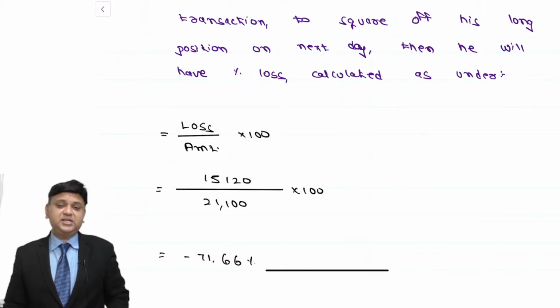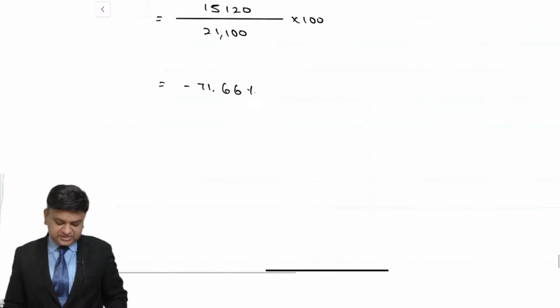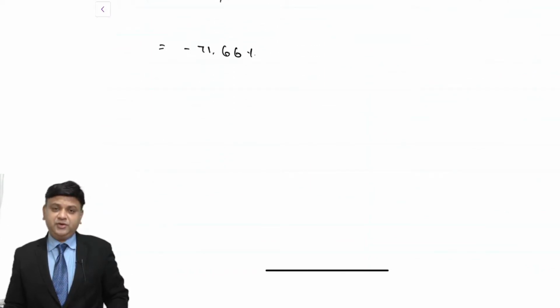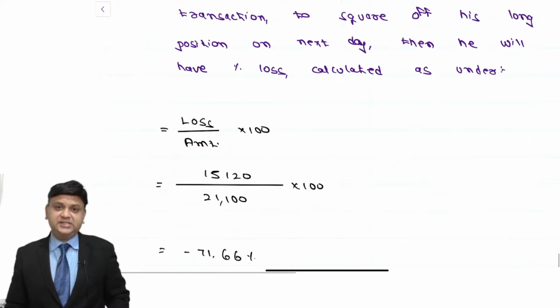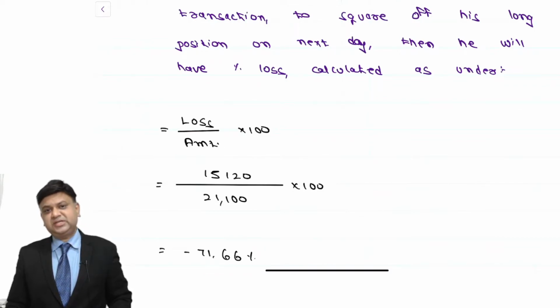So we can see that there is a huge loss of 71.66%, if at all the price of the security declines in the spot market just by 7%. Now the question says that why there is a situation like this?